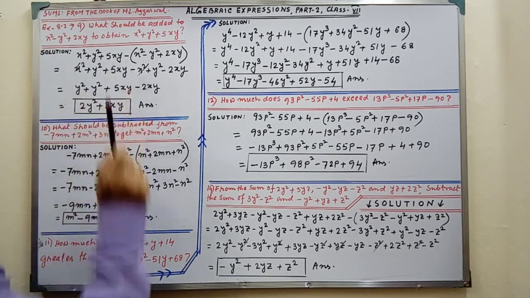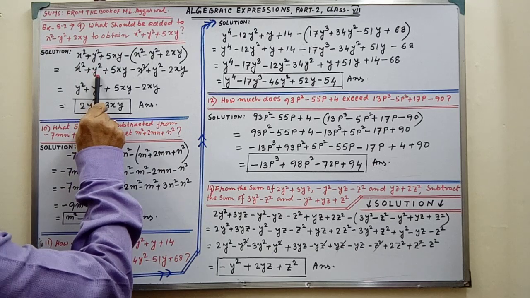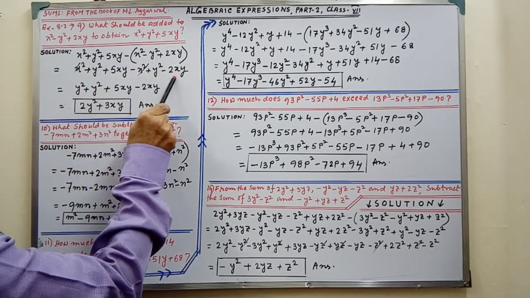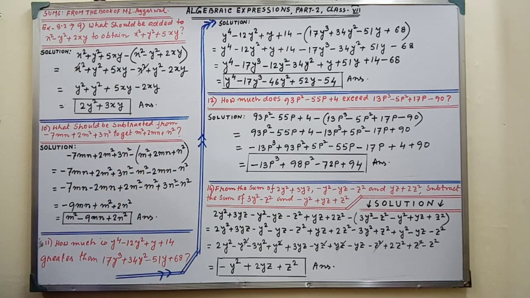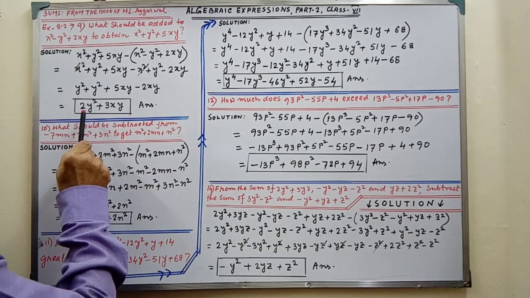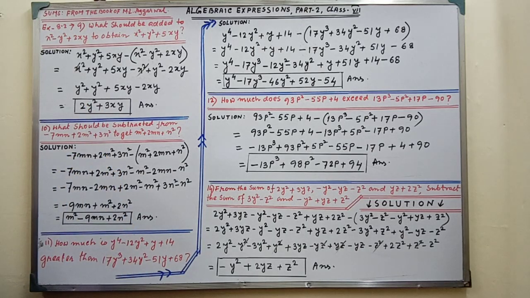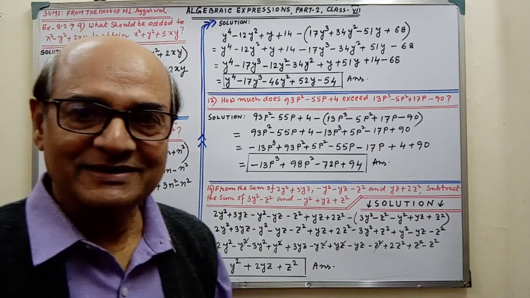Plus x square minus x square cancel. Plus y square we are taking together, and 5xy minus 2xy after taking like terms together, then we have to simplify. By simplifying we are getting 2y square plus 3xy. This is the answer. Sum is completed.